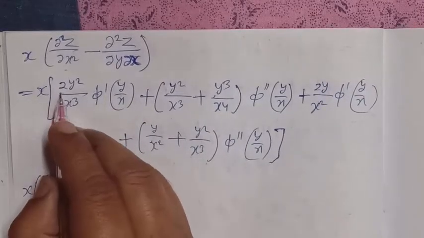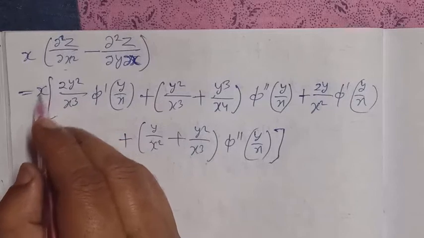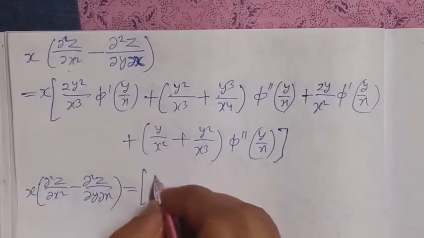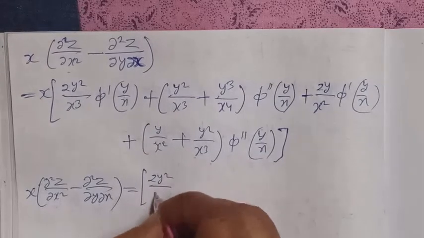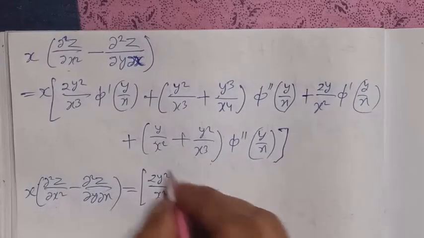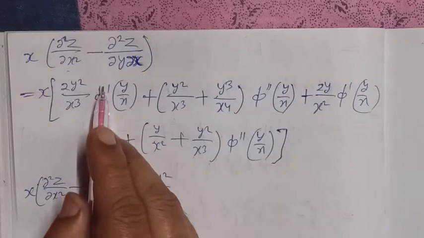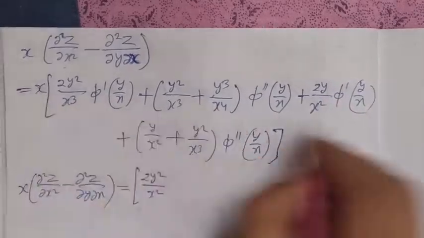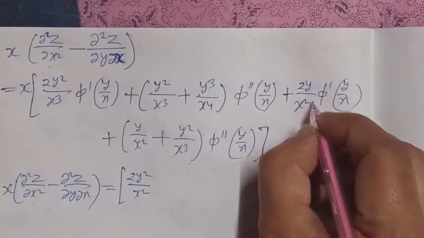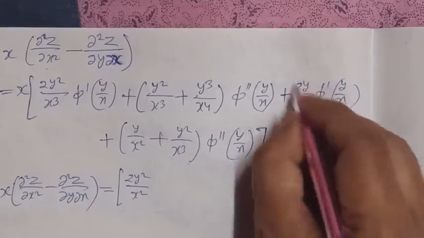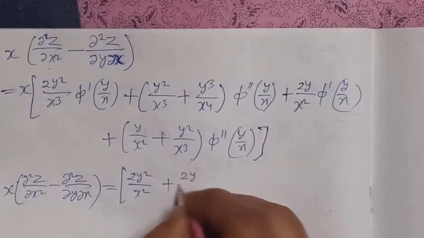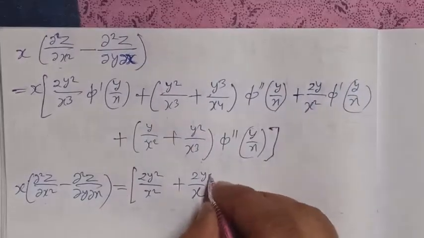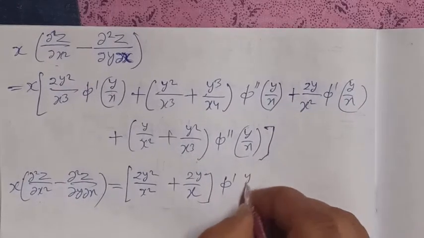On multiplying x here, the power of x cube becomes x square, and the numerator is 2y square upon x square, and also here terms of phi dash are present, and on multiplication by x here x cancels out and we get plus 2y upon x, and this is the coefficient of phi dash y upon x.